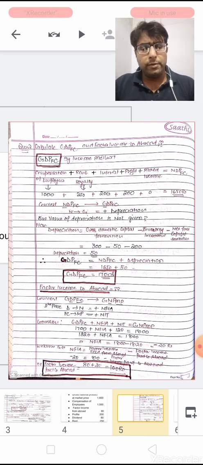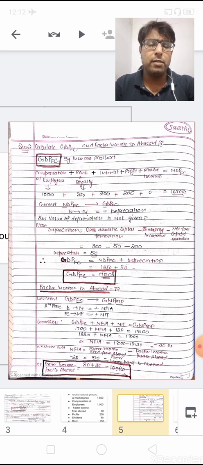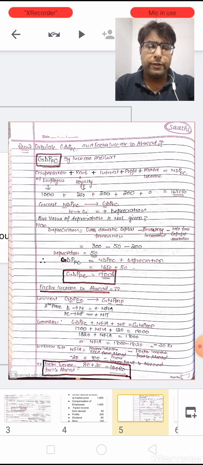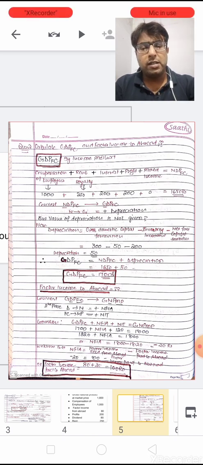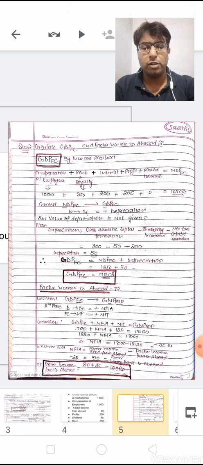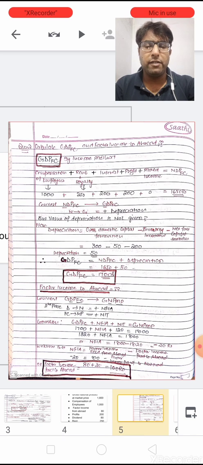So children, when you apply this formula, you will definitely get the value of depreciation: gross domestic capital formation minus inventory investment minus net fixed capital formation. The value of gross domestic capital formation is given as 300 minus 50 and minus 200, that is the value of net fixed capital formation given in this question. So when we subtract 300 minus 250, we will get the value of depreciation.